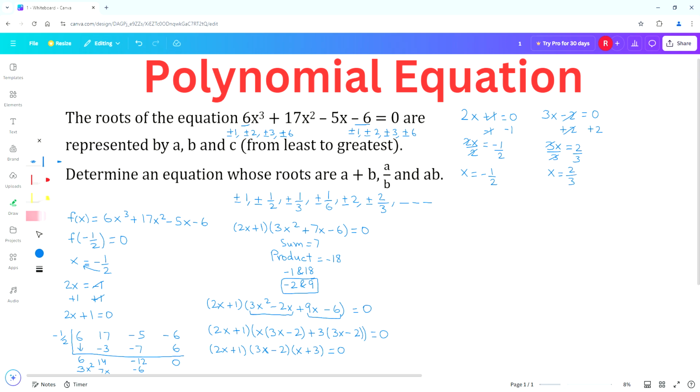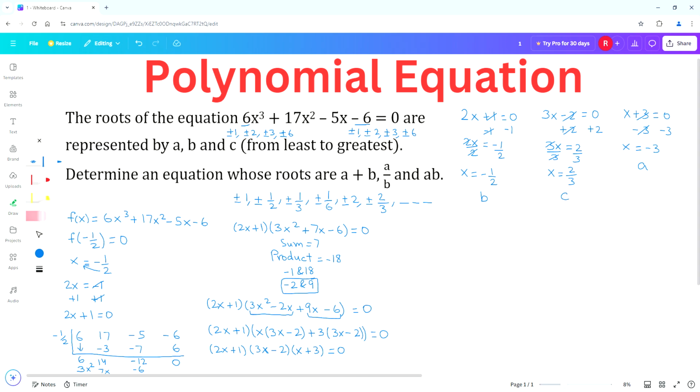The second root is 2 over 3. The third root is negative 3. As per the problem, the roots are represented by a, b and c from least to greatest. That means the least root can be labeled as a, which is negative 3. The second greatest can be labeled as b, which is negative half. And the greatest root is c, which is 2 over 3.